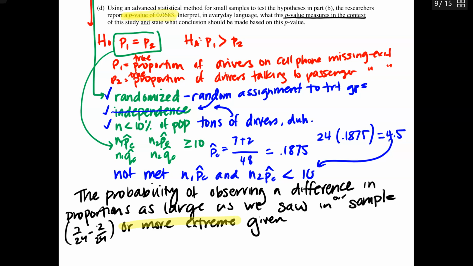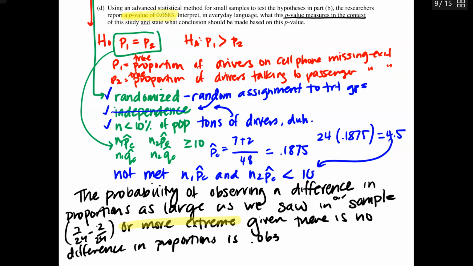Given there is no difference in proportions is 0.0683. So that's the whole definition of a p-value.